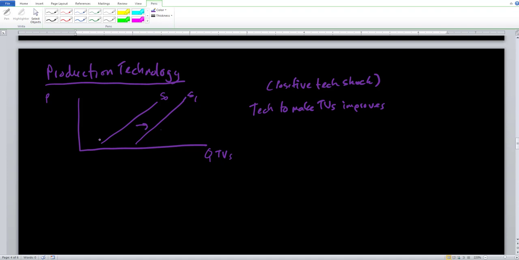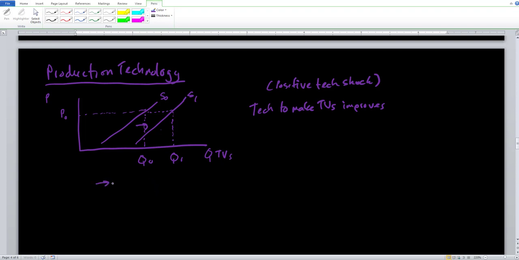So with this, what does this tell us about the supply for these televisions? It tells us that suppliers are willing and able to supply more at every single price. Remember, with a constant price, P0 right here, initially we were on the supply curve S0, our initial supply curve, and we had a quantity supplied of Q0. But now at the same exact price of P0, we end up on an entirely new supply curve, S1, and we end up with a quantity supplied of Q1.